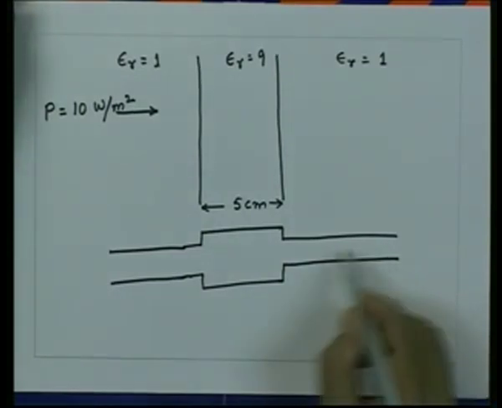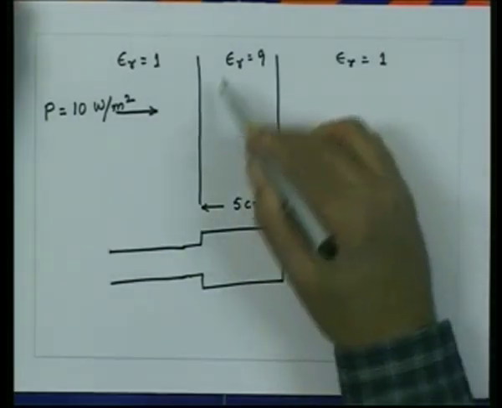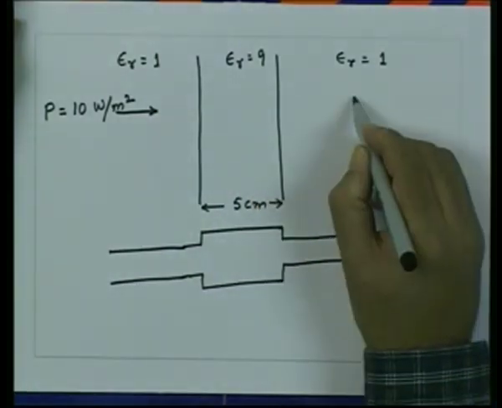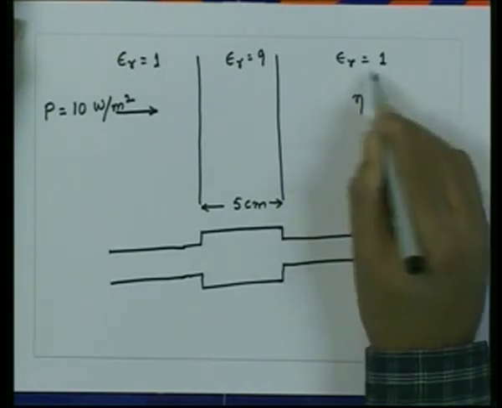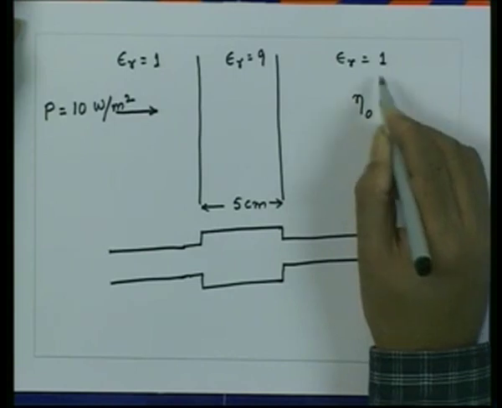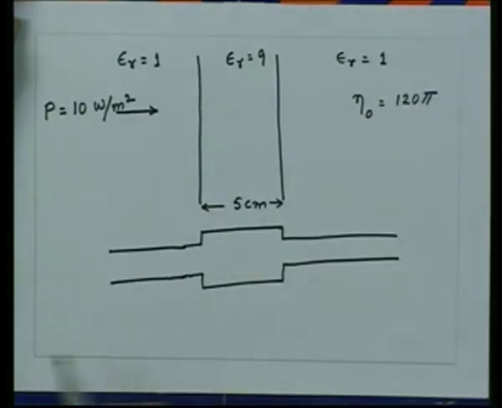Now, the characteristic impedances of these lines would be the intrinsic impedances of these media. So, here we have the intrinsic impedance eta, which is the same as eta 0, equal to 120 pi.